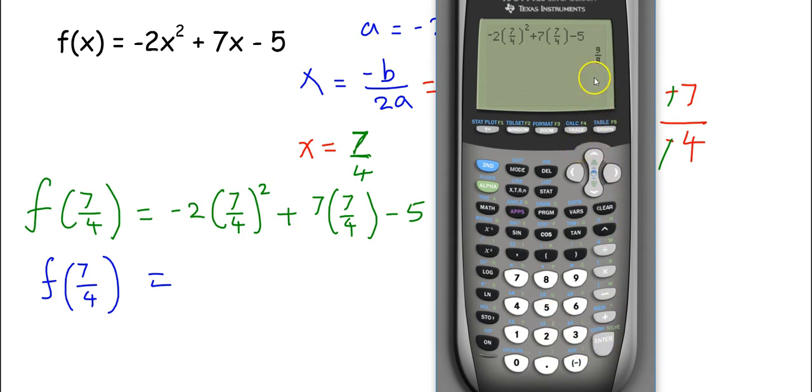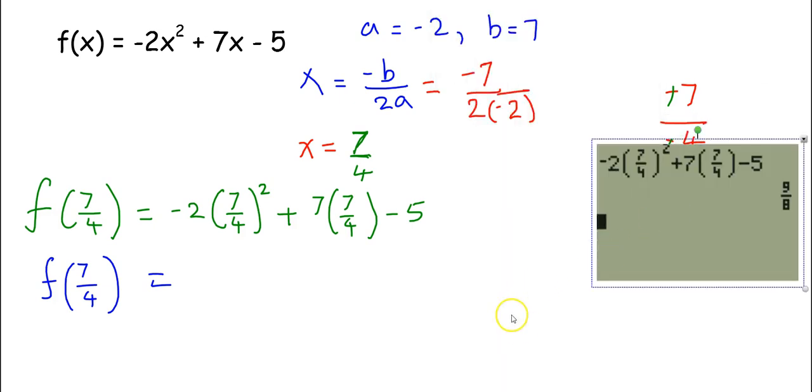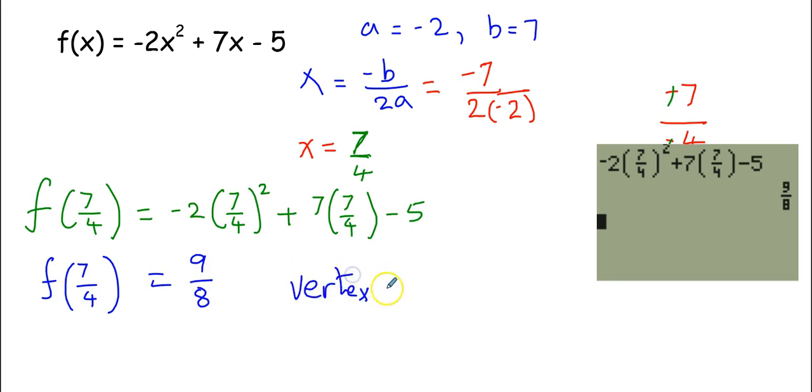So you have 9 over 8, that is 9 divided by 8. That is the y value. x and y is nothing but your vertex, 7 over 4, comma 9 over 8.